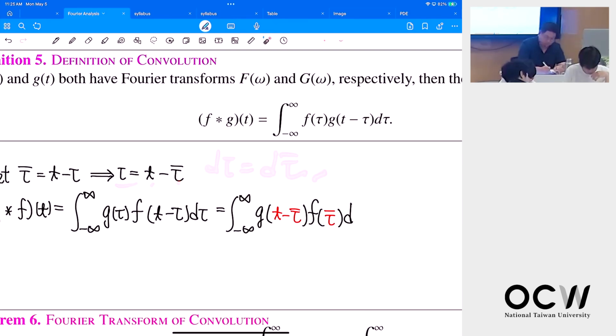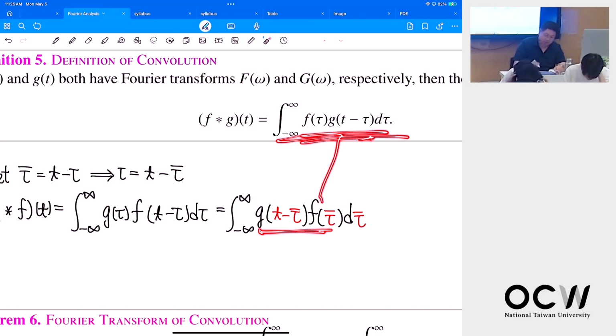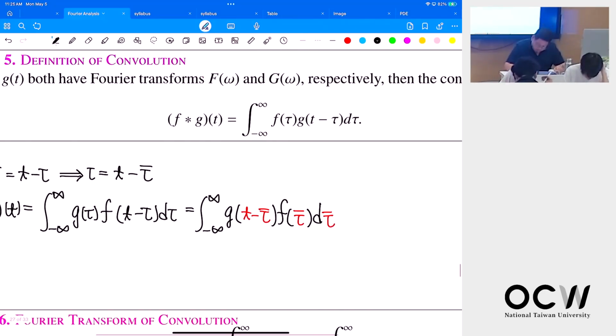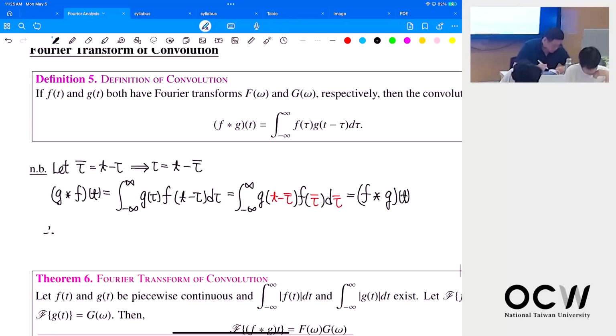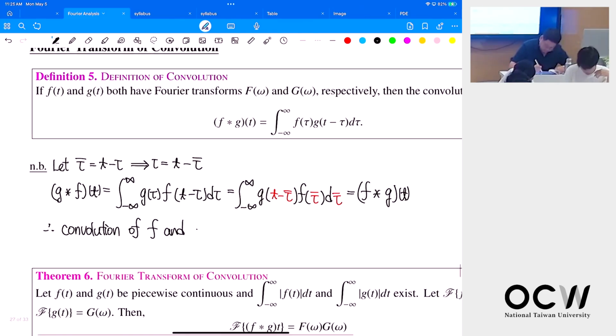Okay? So here is tau bar, and you can see this and this are the same. So it is equal to f convolve g. So we say that the convolution of f and g is commutative.